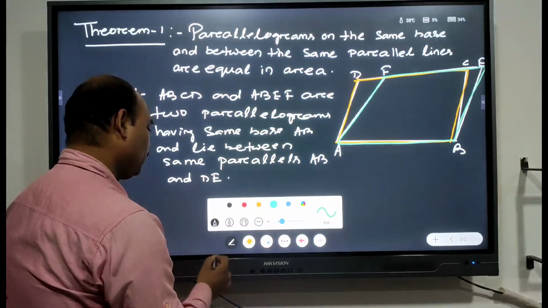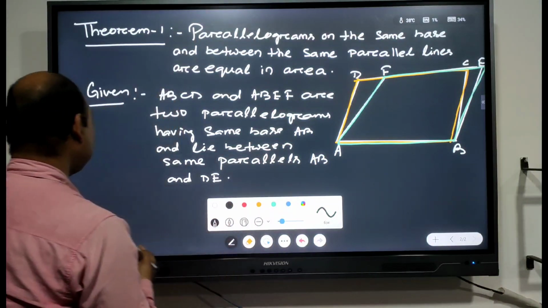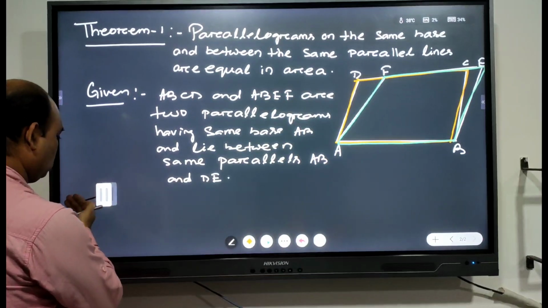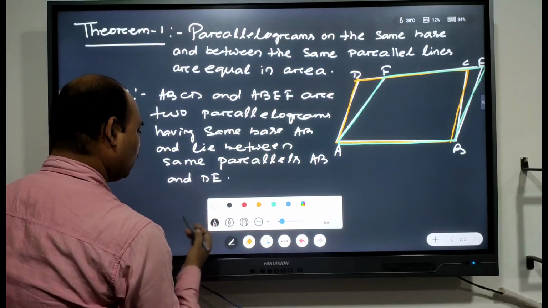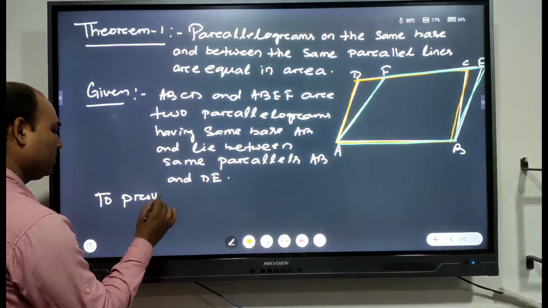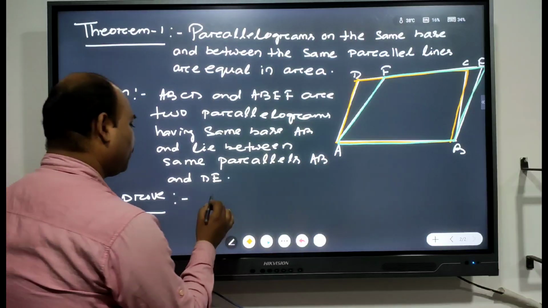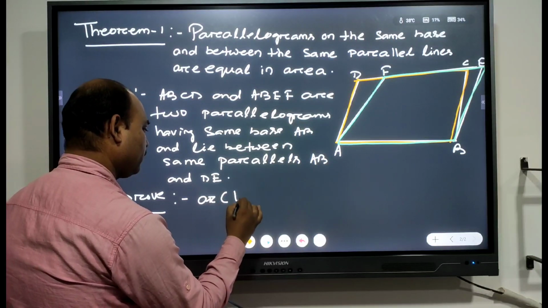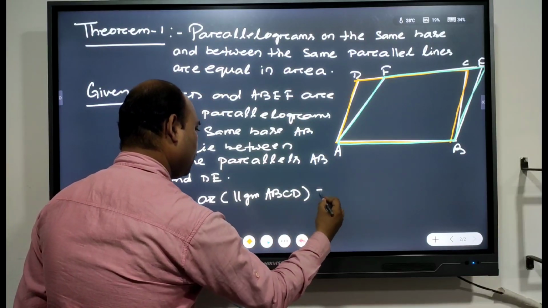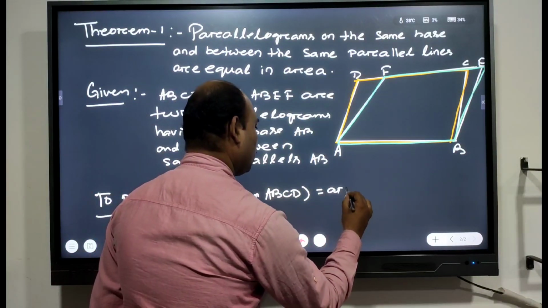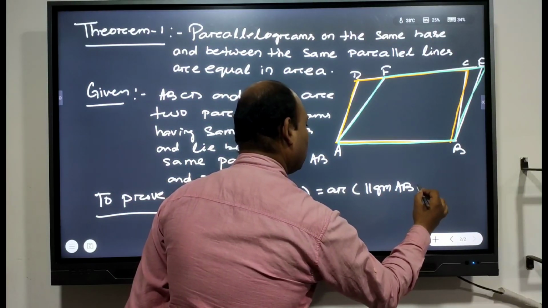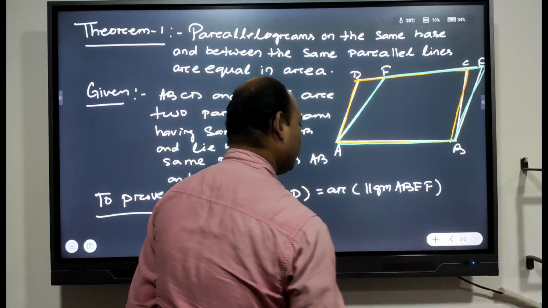Then, to prove. What will we prove here? The area of parallelogram ABCD is equal to the area of parallelogram ABEF.